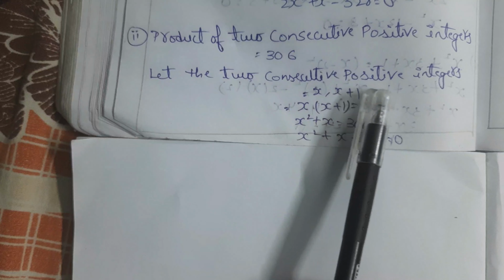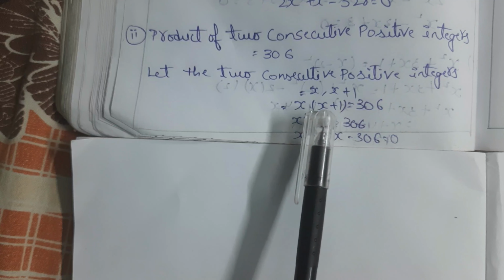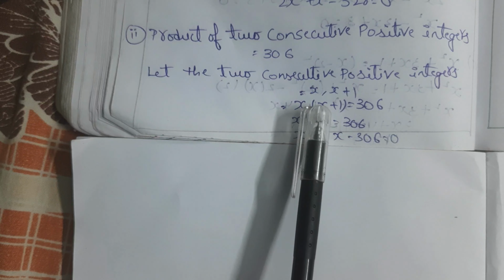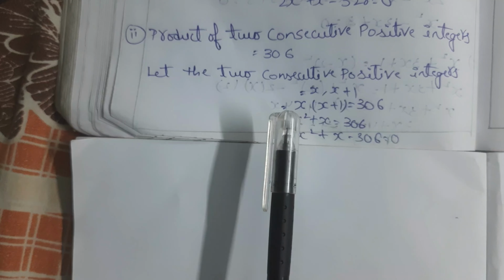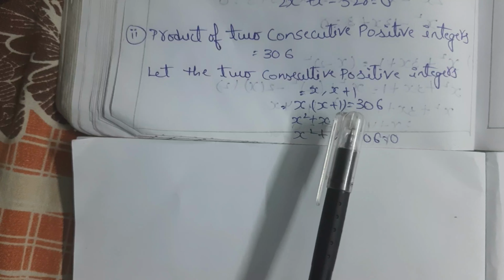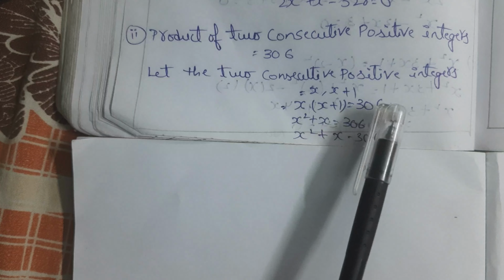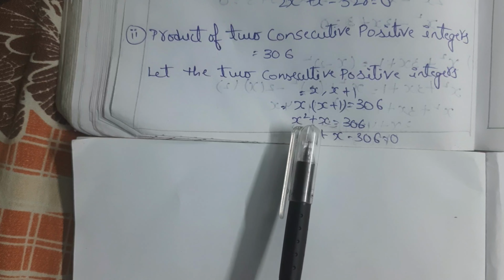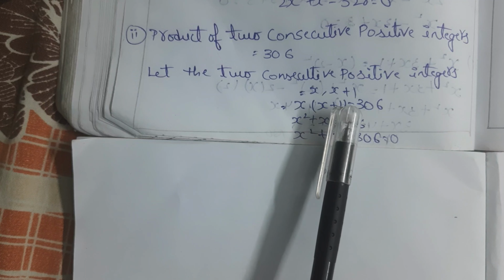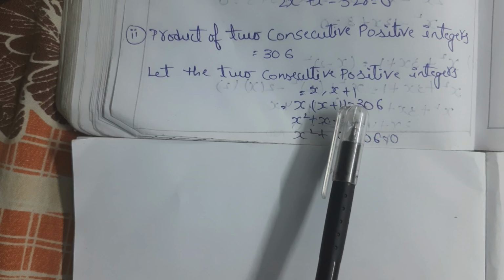Let the two consecutive positive integers be x, x plus 1. Why? Because for example, take 2, the next immediate one is 2 plus 1. That means 2, 3 are consecutive positive integers. Like that, we take x as one positive integer, and its immediate consecutive positive integer is x plus 1.